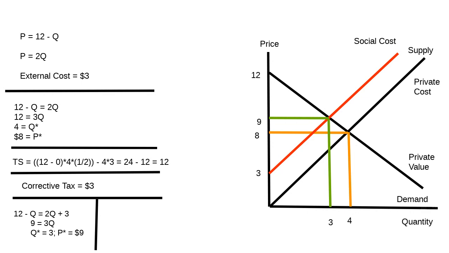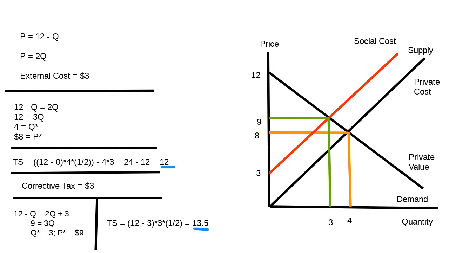So 12 minus 3 is equal to 9 times 3 divided by 2, 13.5. And so you can see that this number here is bigger than this number here. And so in this case, in the face of an externality, the corrective tax improves welfare for the economy.